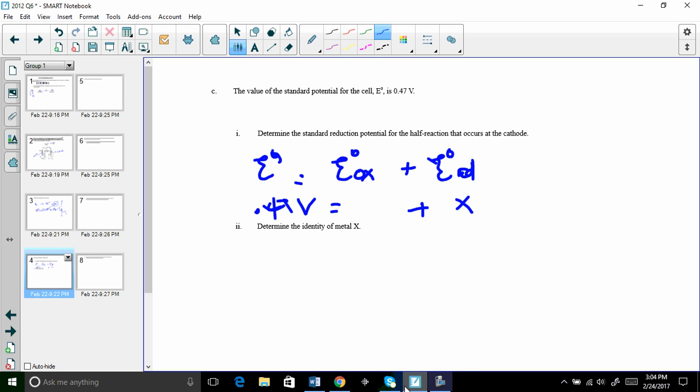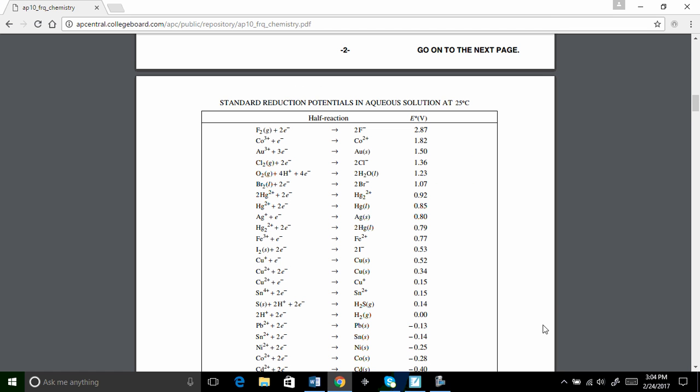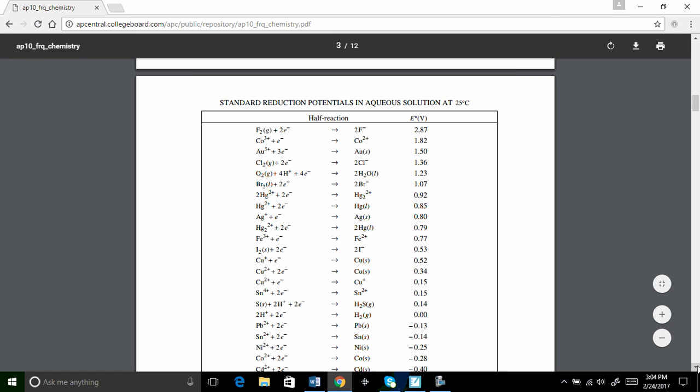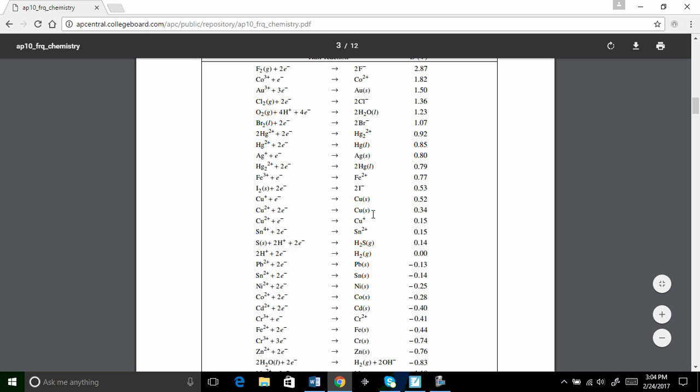So I'm going to go back here. I've got to be careful now, I go too fast. If I find lead, here's lead 2+ going to lead, but that's a reduction potential. So I'm going to flip this around because it's negative 0.13 volts when it's reduced, but it's oxidized.